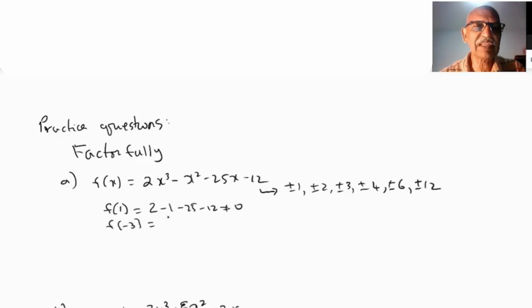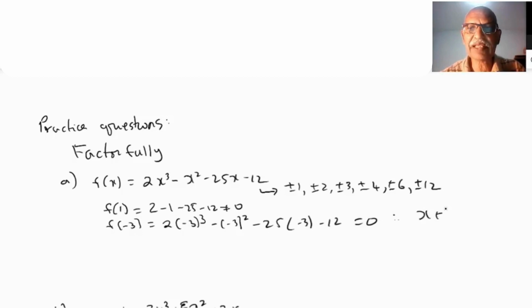I substitute negative 3 cubed, minus negative 3 squared, minus 12 times negative 3, minus 12. This equals 0. Therefore, x plus 3 is a factor.